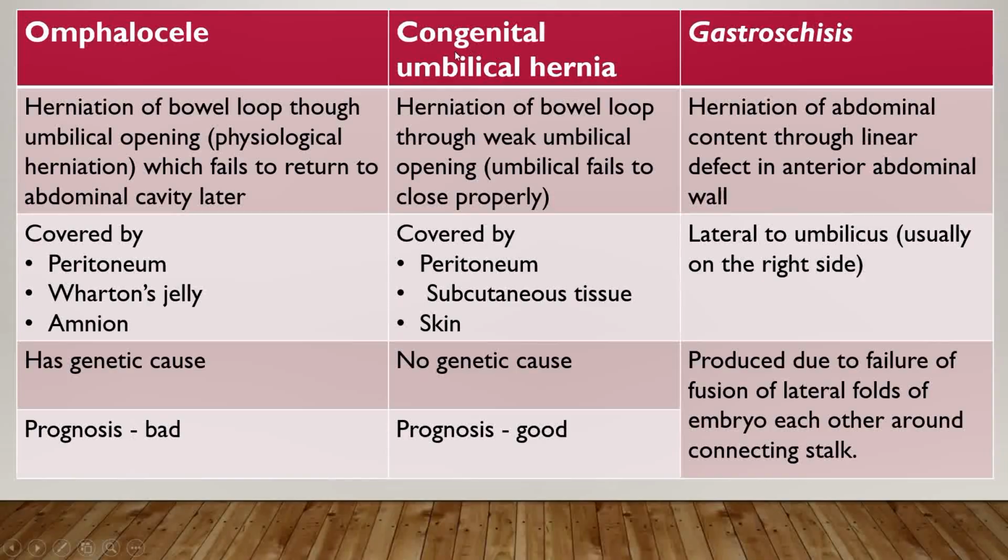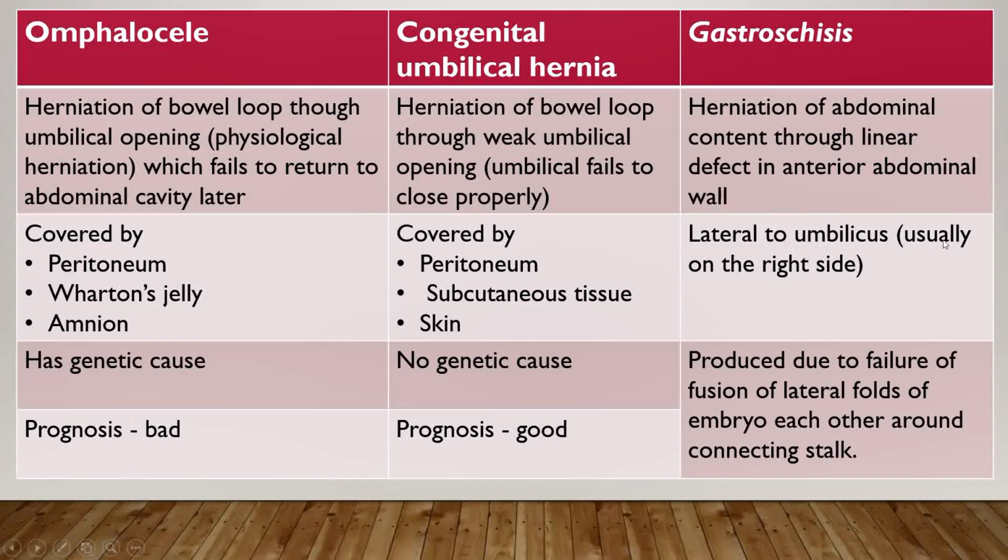Second one is congenital umbilical hernia. It is herniation of bowel loop through weak umbilical opening. Here umbilicus fails to close properly, and the contents are covered by peritoneum, subcutaneous tissue and skin. There is no genetic basis and prognosis is usually good. Third one is gastroschisis, herniation of abdominal content through linear defect in anterior abdominal wall.